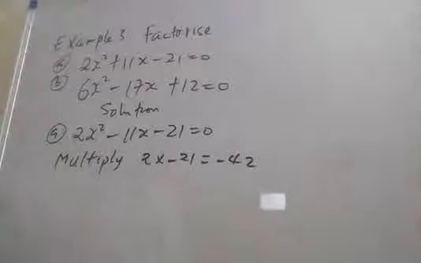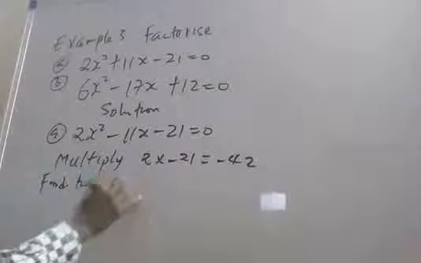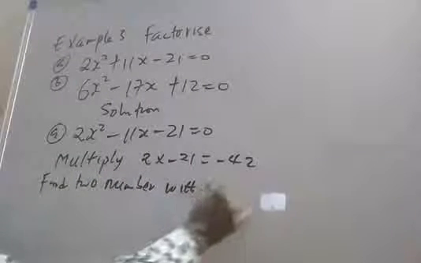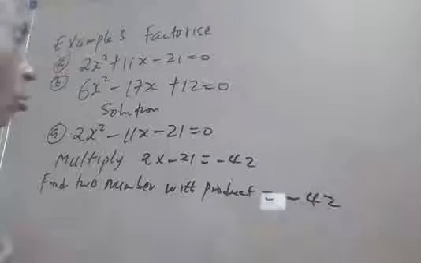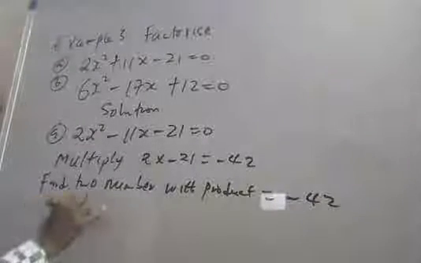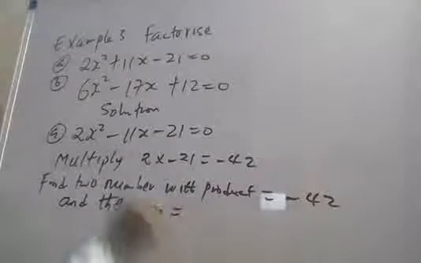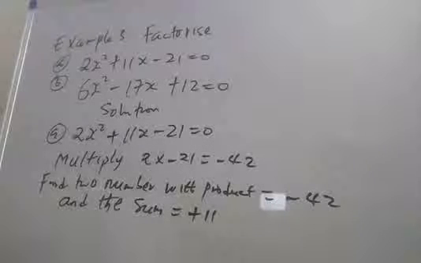Then the next thing is to find two numbers with product is equals to minus 42, and the sum is equals to minus 11. Oh yes, plus 11.